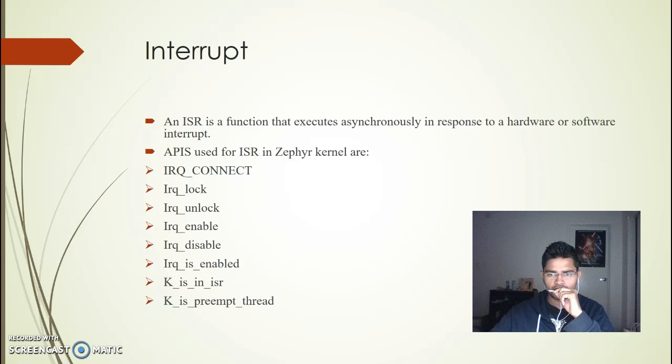There are two types of interrupts, hardware and software, and which one we use depends on the application and priority. When an interrupt occurs, the ISR function is called and the code inside the ISR function is executed.